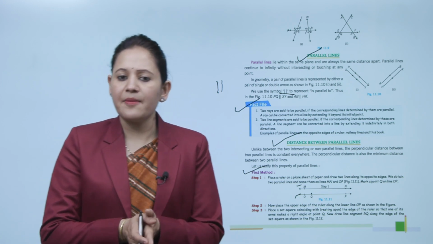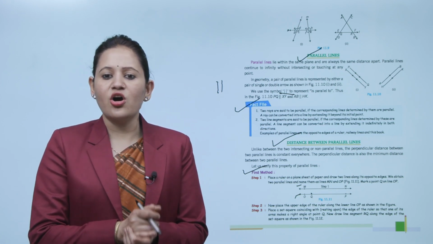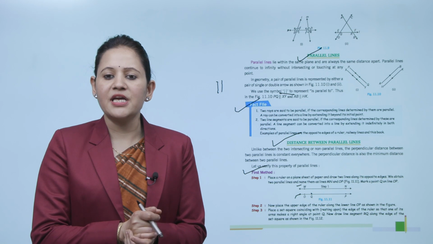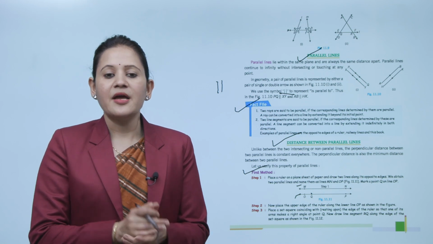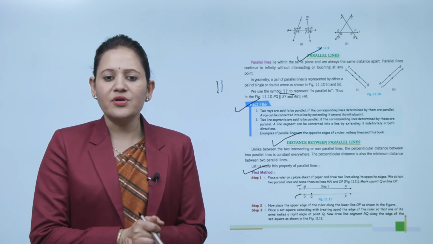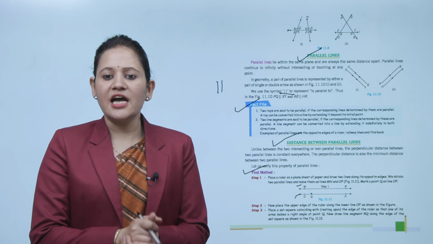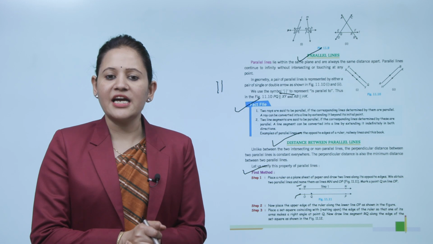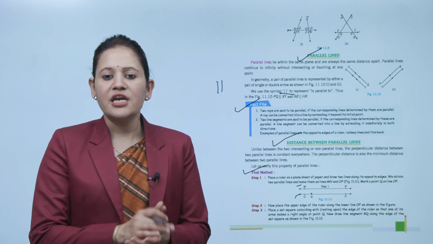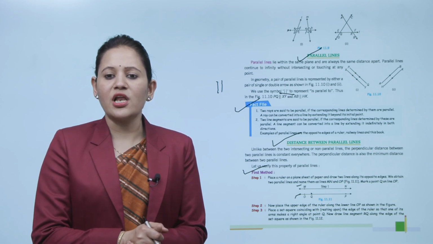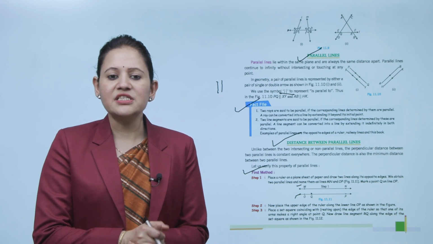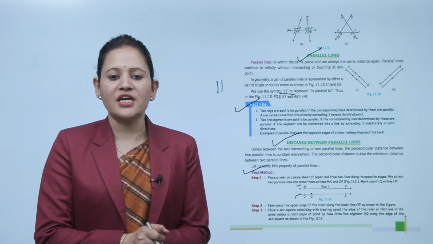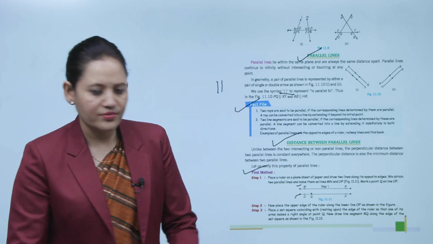Now place the upper edge of the ruler along the lower line OP as shown in the figure. Place a set square coinciding with the edge of the ruler so that one of the arms makes a right angle at the point Q. Now draw the segment RQ along the edge of the set square as shown in figure 11.12.